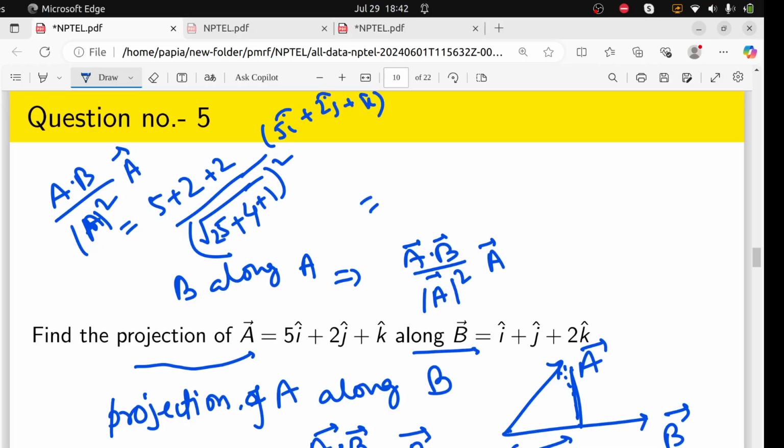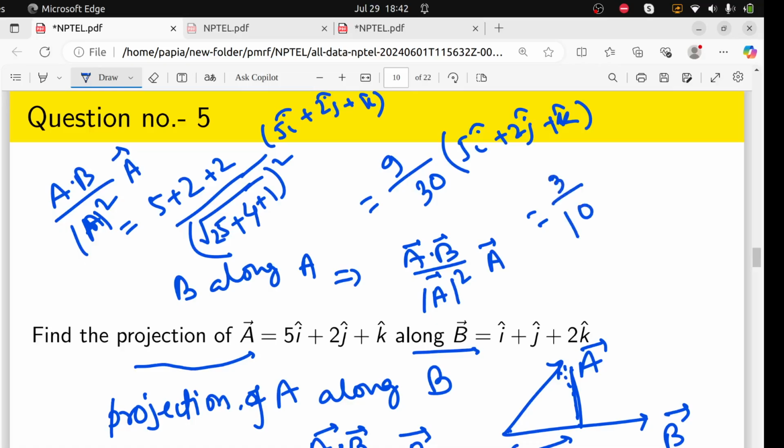So it will be 9 divided by 30, 5i cap 2j cap k cap. If I simplify a little bit, 3 divided by 10, 5i cap 2j cap plus k cap. So this will be the projection of B along A vector.